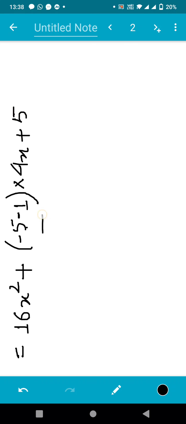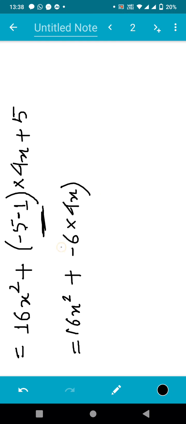Okay, now we'll open this bracket. That would be 16x square plus minus 5 minus 1, so minus minus is plus, 5 plus 1 is 6. So it will be minus 6 into 4x, we'll put it inside the bracket, plus 5. What is the product of these two numbers?